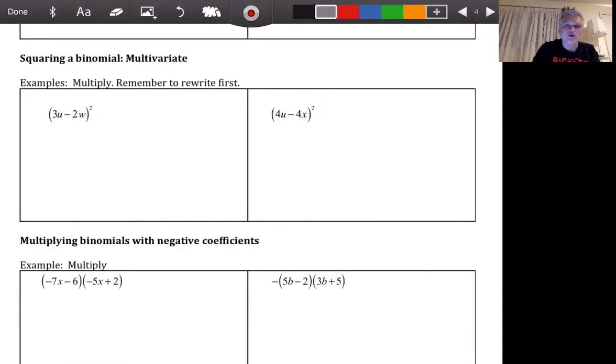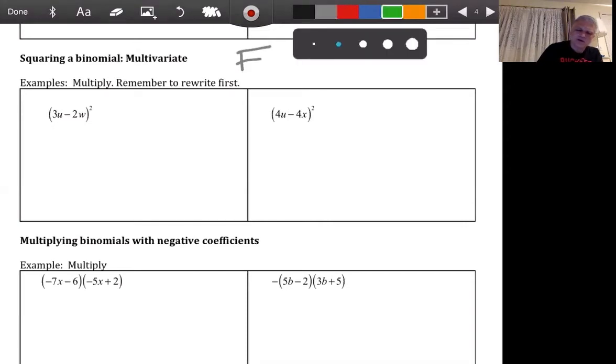Okay, so we're all scooted down here and we're looking at this new topic, which is just like the old topic we just did. We're just going to add two variables in there, not just one variable. So here we go. Let's color code these, FOILing. Let's rewrite this whole thing first. Maybe it'd be easier if we rewrite it in green.